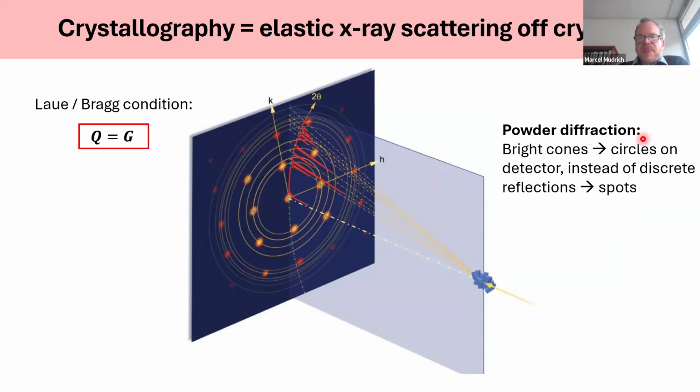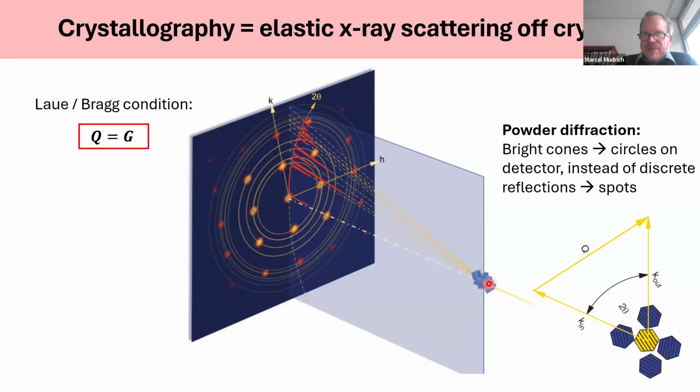In this case, the sample is not a single crystal, but a sample consisting of many microcrystals in powder form, such that the individual small crystals come in the sample with any possible orientation. So you can view it like this: we have an assembly of many small crystals that all have different orientations.